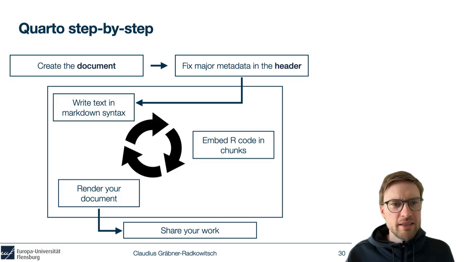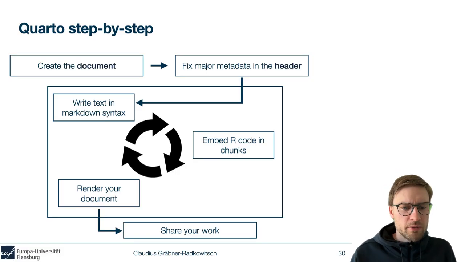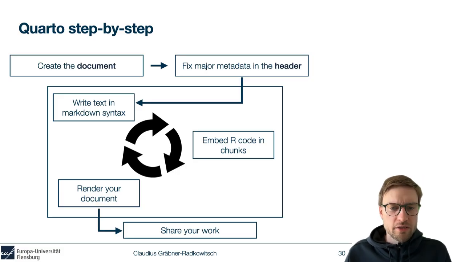So that's basically it. These are all the relevant steps of creating a Quarto document, and I hope I have convinced you that it's actually not that difficult to do. Just learn a little bit of Markdown using these interactive tutorials. You need to invest a little bit of time to learn the options you can set in the header of your document and in the chunks, and then you're basically set.